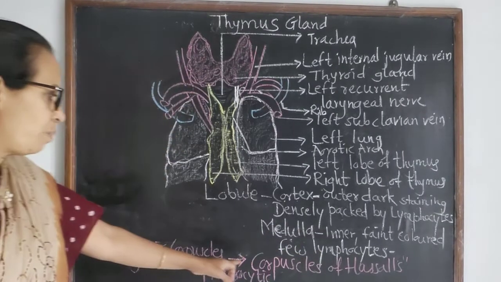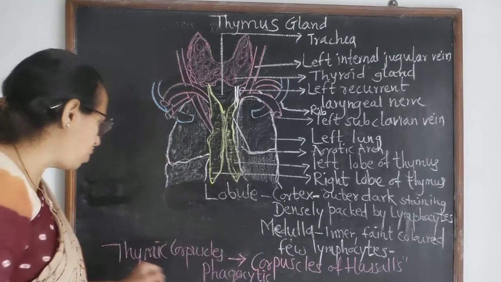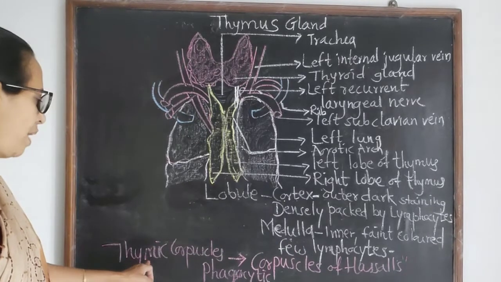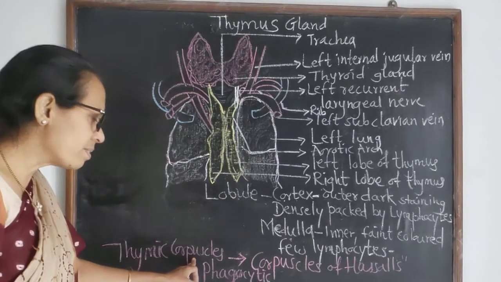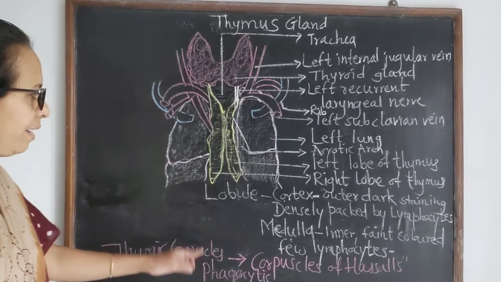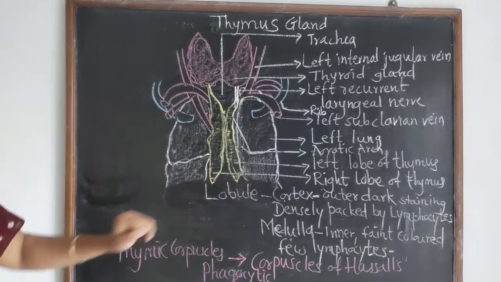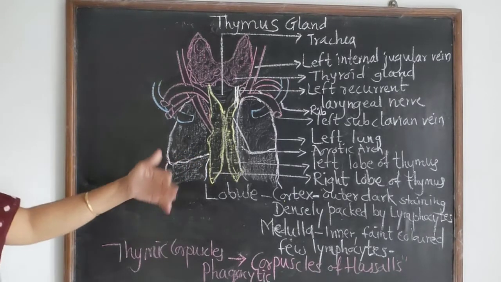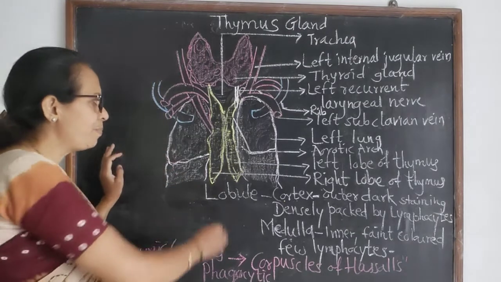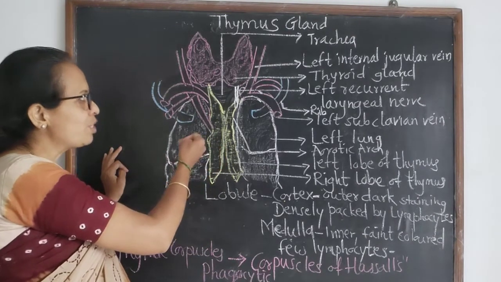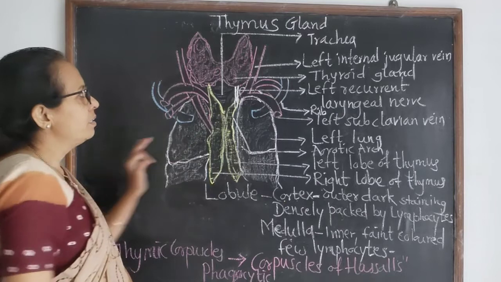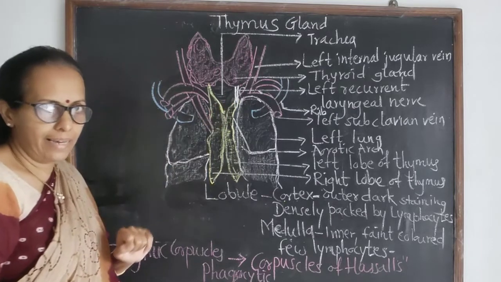The corpuscles of Hassall, or thymic corpuscles, which are phagocytic in nature, are present there. In the next video we will see the function and secretions of this gland.